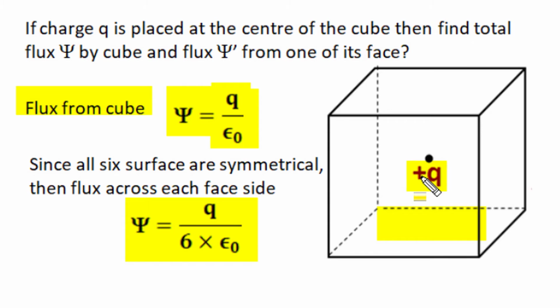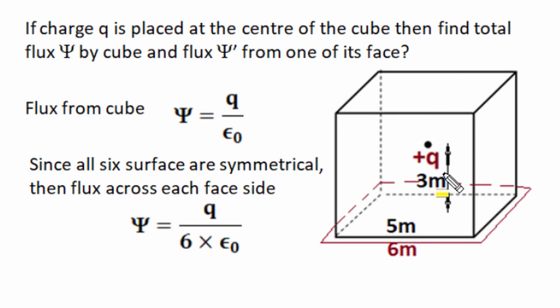If this charge is not placed at the symmetrical center position but at some eccentric position inside the cube, then the total flux will remain the same, q upon epsilon, but we can't easily solve for the flux across any one face of the cube. Take this cube of size 5 by 5 by 5, where the charge is placed at a height of 3 meters from the bottom face.